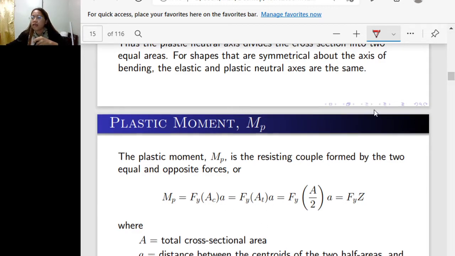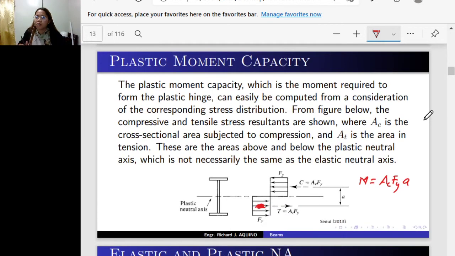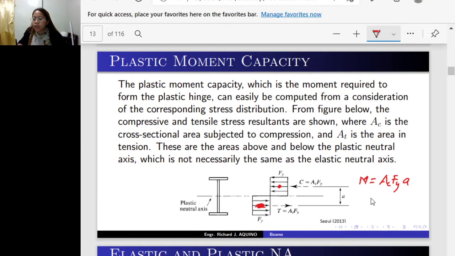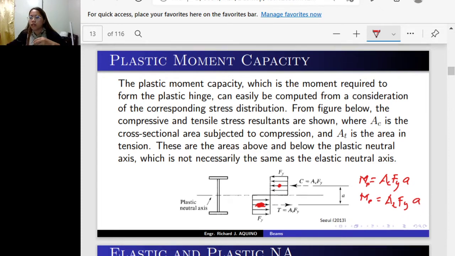Or it is the same if you take moments at the compression side. You have the plastic moment M sub P equal to the area subjected to tension times the yield strength times the distance, or the moment arm, which is equal to a.